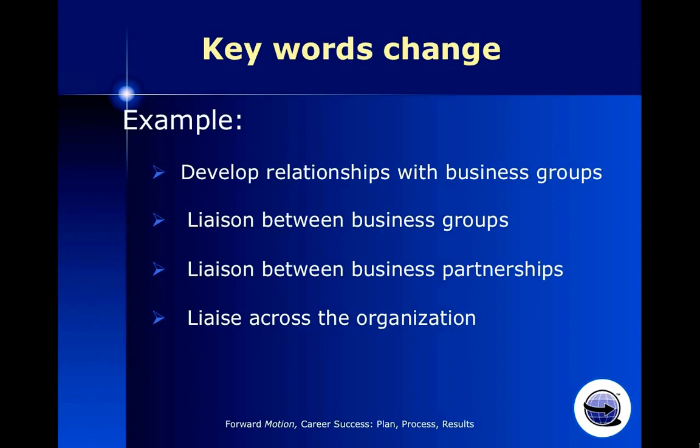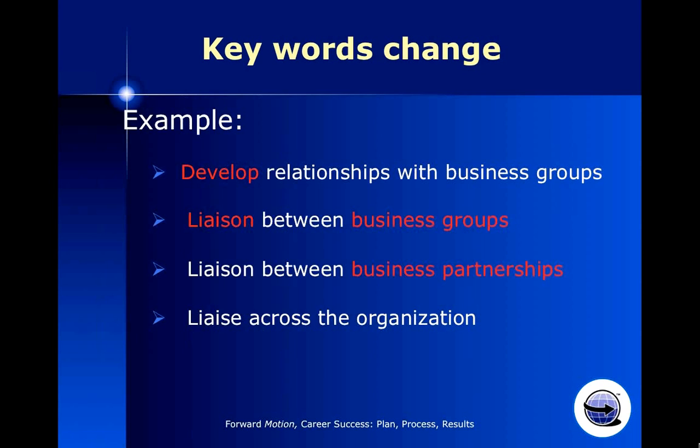Here's an example of how words can change. You might see "develop relationships with business groups" on job postings. That was used for a while. But "develop relationships" became "liaison between business groups," and "business groups" became "business partnerships." The word "liaison" also changed to the word "liaise."